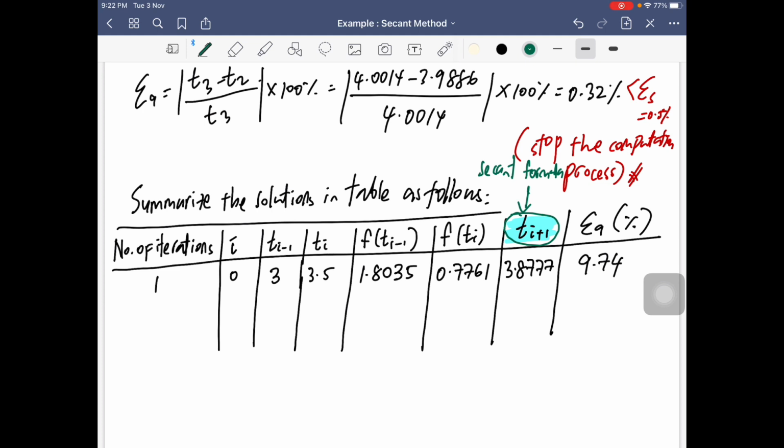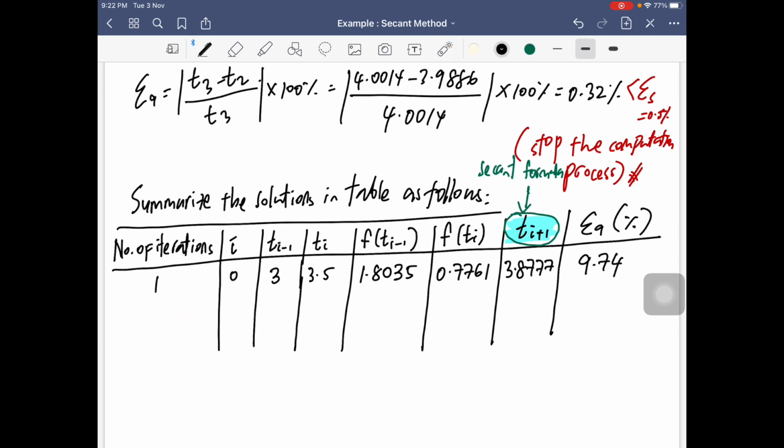So look here, this is our first iteration. I substituted already. In the second iteration, I want to give you the idea on how you can save your time if you present the solution by using a table.